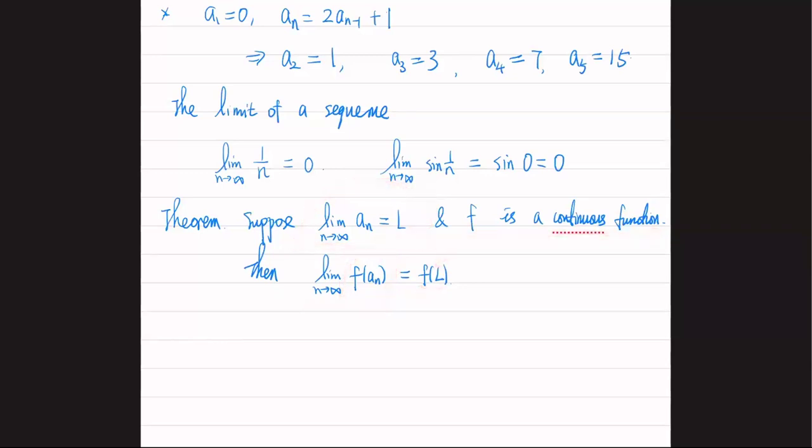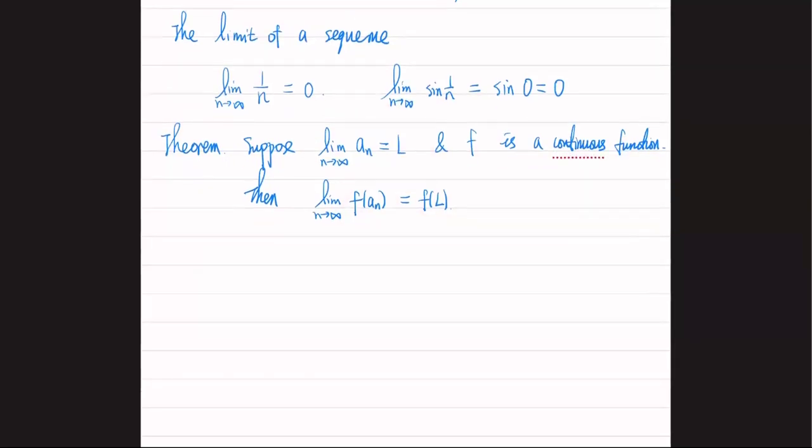In a certain sense, we say the limit can commute with continuous functions.